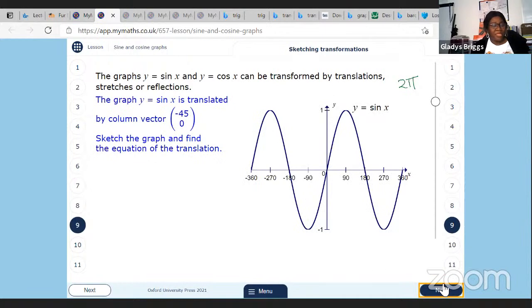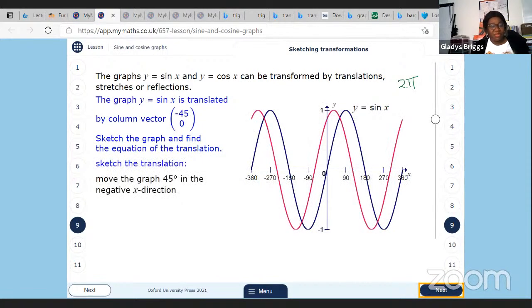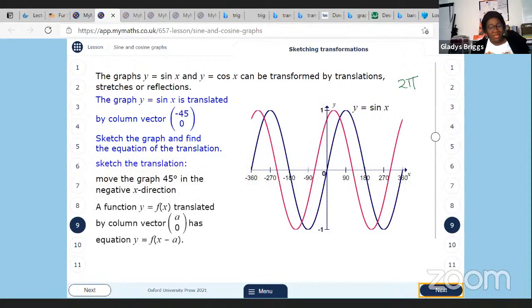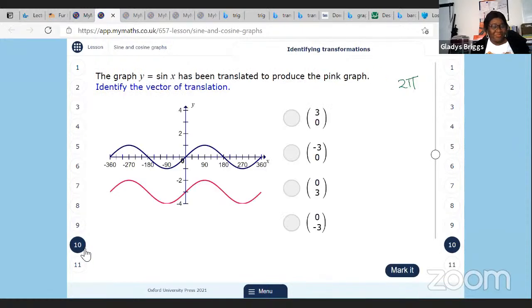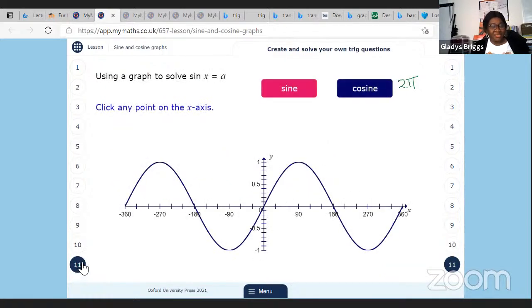Oh, this is another thing altogether. We're not doing that now. Oh, that's another thing. This is vector translation.